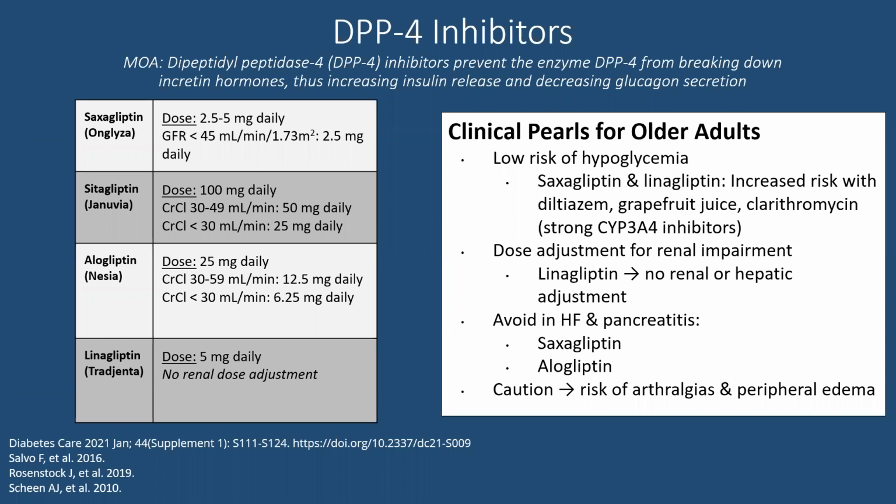With a couple of these medications, they've been associated with heart failure and pancreatitis. That's saxagliptin and alogliptin, and that's probably the reason why we don't use them much. It hasn't been shown to be a problem with Tradjenta or Januvia, and so we still use them.